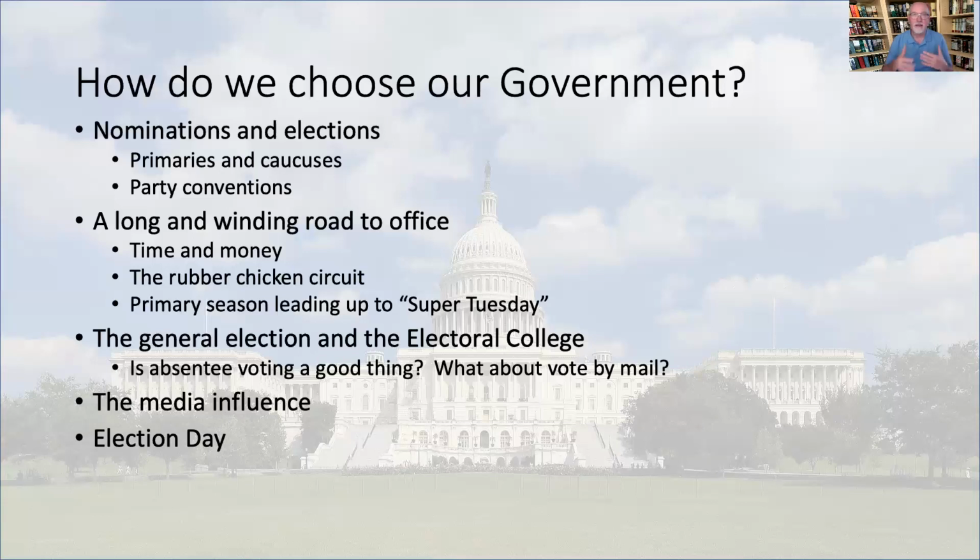So however they did the math, the superdelegates were a significant block of votes that could have swung the nomination either way for Hillary or Bernie in 2016. And most of those, of course, went to Hillary.